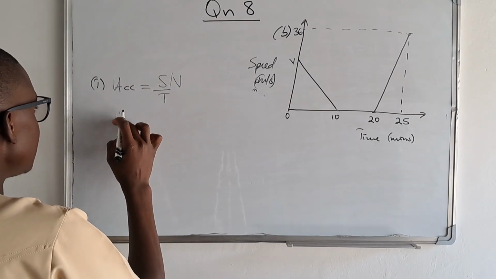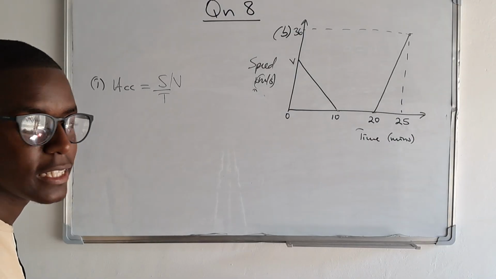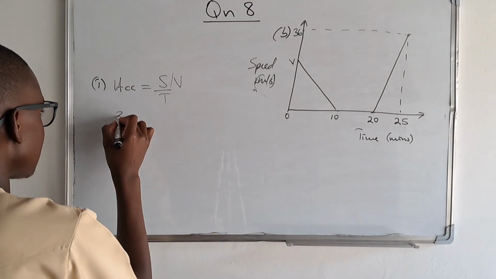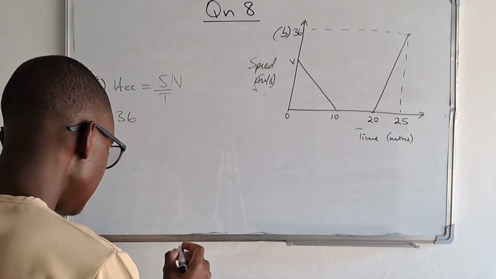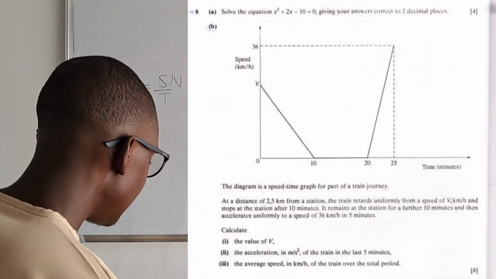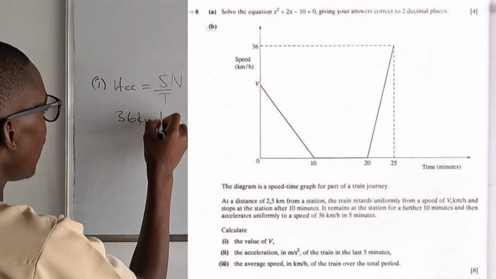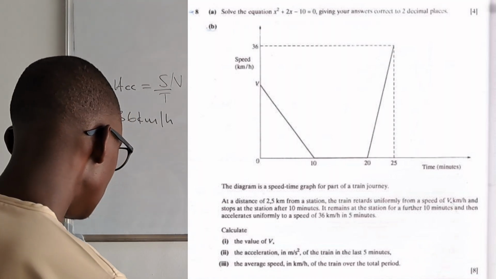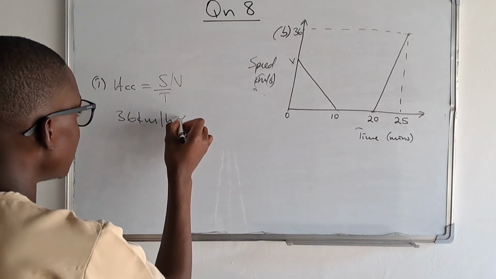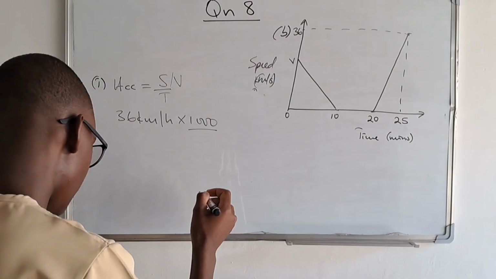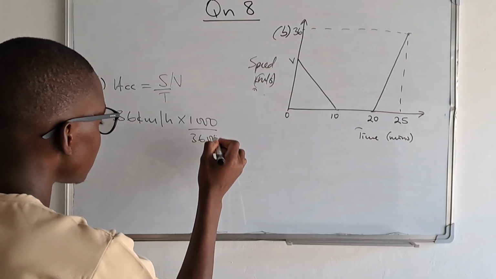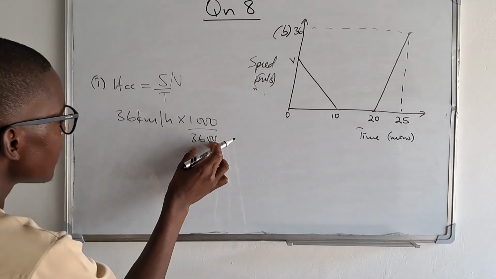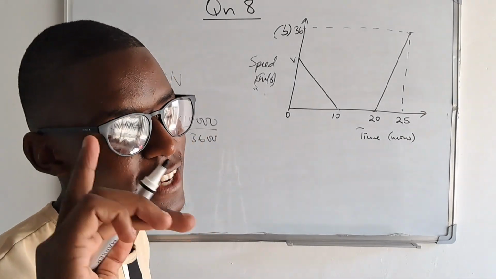But before I rush to plugging in the values, remember, our speed is 36. We need to convert 36 kilometers per hour by multiplying it by 1000 over 3600, so that 1000 represents the kilometers and 3600 represents the seconds in an hour.